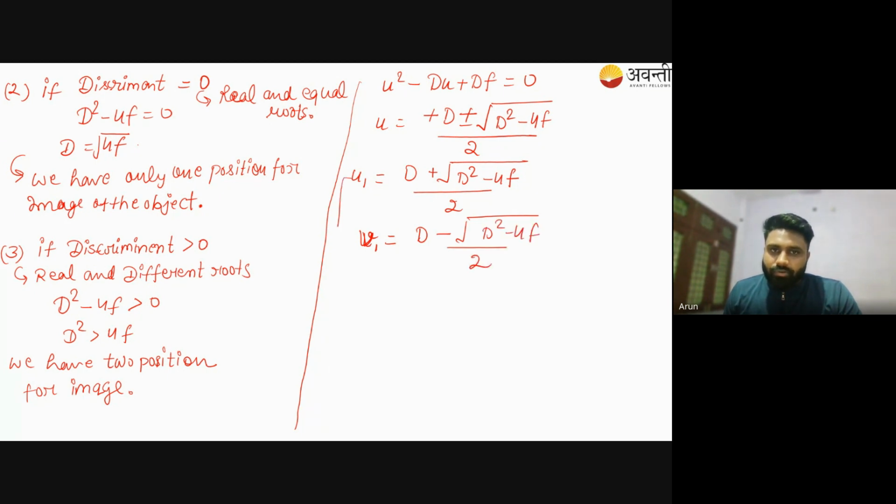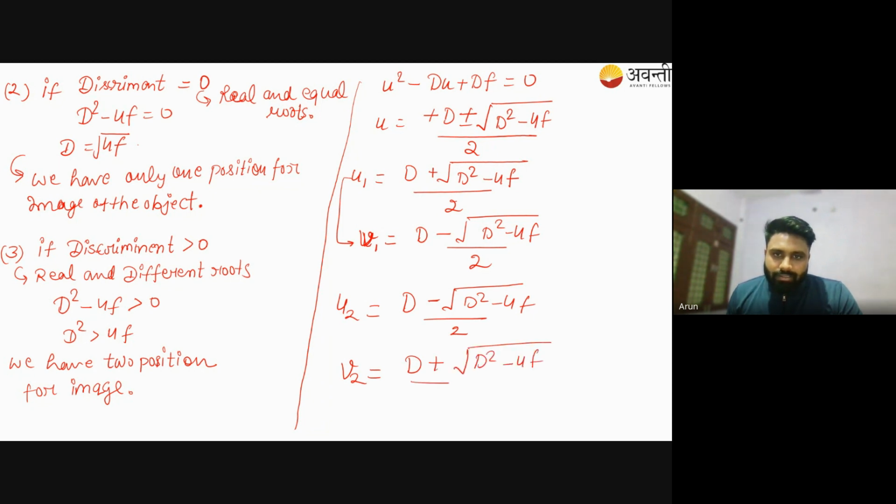So these are the positions you have. For u1 it is v1. Got it? And for u2, the different root, it is D minus square root of D square minus 4f by 2, for which v2 is just opposite to it, D plus square root of D square minus 4f divided by 2.